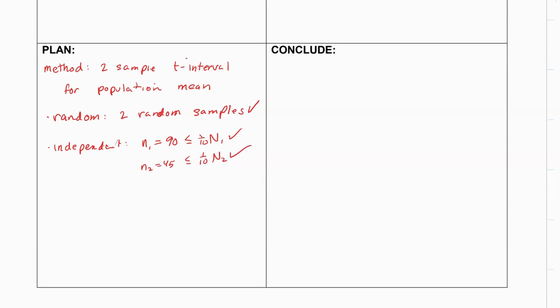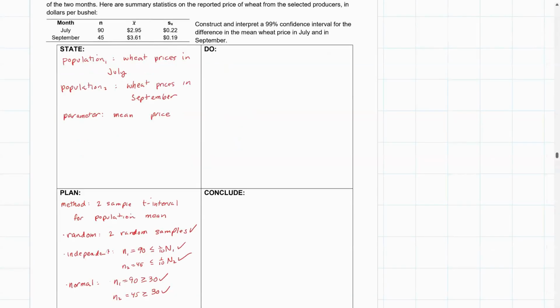Again, we'll meet that condition. For our normal condition, N1, which is 90, is definitely greater than 30, so we meet that condition. N2, which is 45, is also greater than or equal to 30, so we meet that condition.